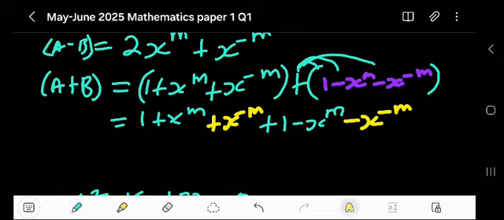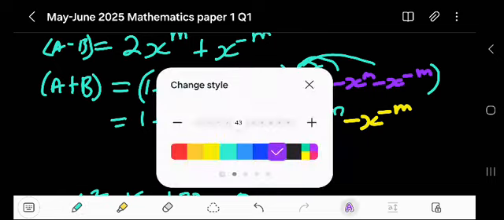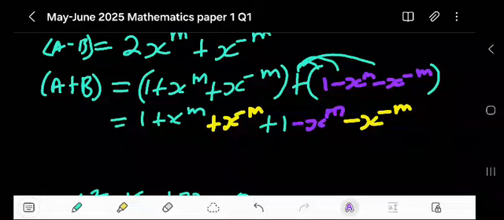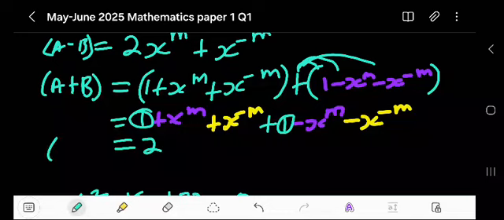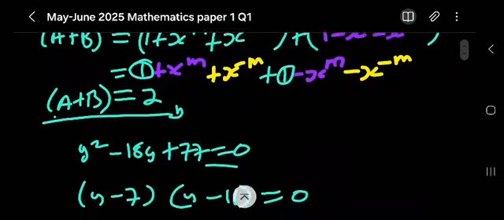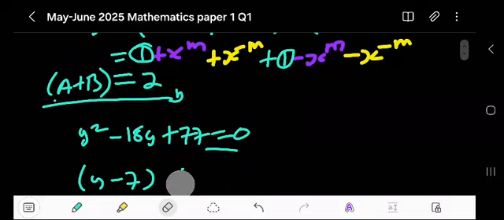If you check there, this and this, with the minus, will cancel because they are the same, but these two will add. This will simply be equal to 2, as you can see. That means a plus b is equal to what? 2. So we now know our difference of two squares, guys.